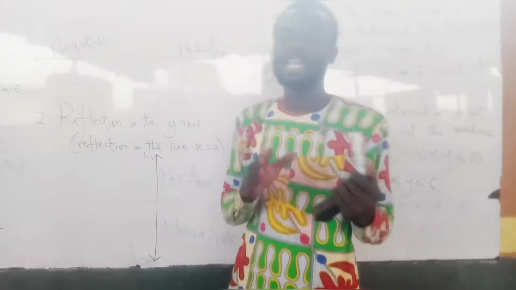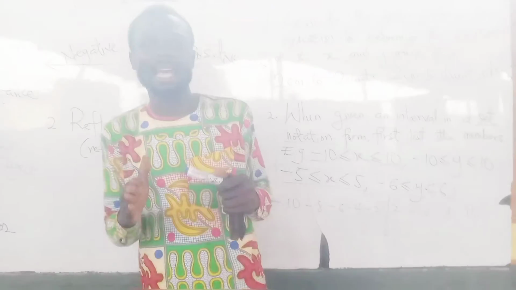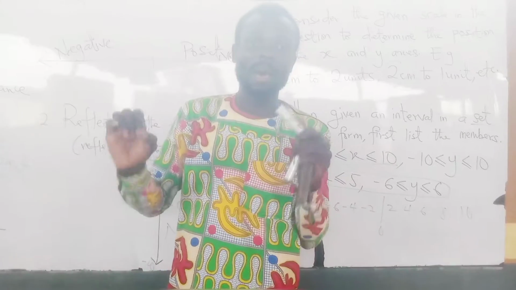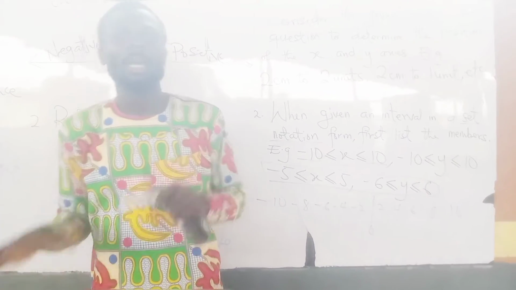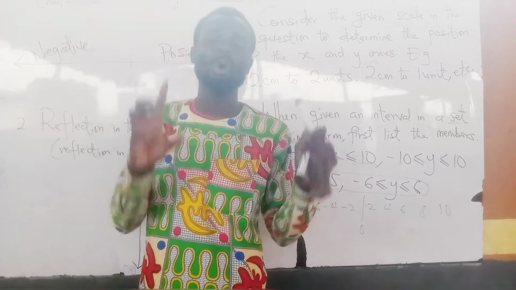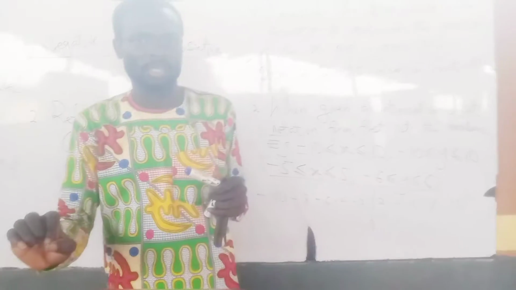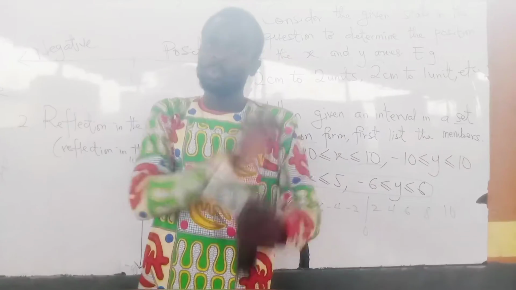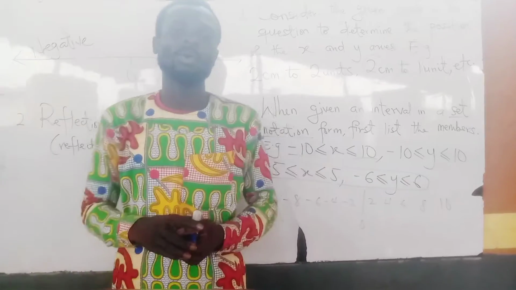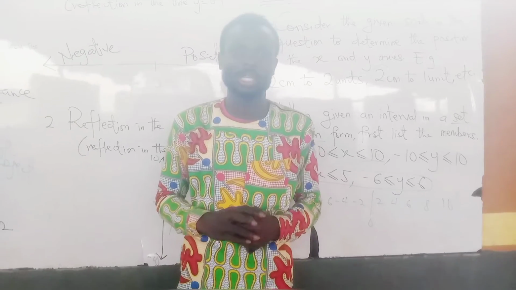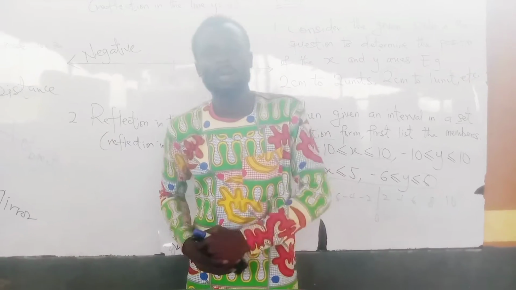And when you are reflecting in the x-axis, take the x-axis as your mirror line, same as the y-axis as the mirror line. Now we also have to know how to plot our points. So when we get to the graph, we will know how to plot points. Let's see how we can answer questions on reflection in the x-axis and the y-axis.